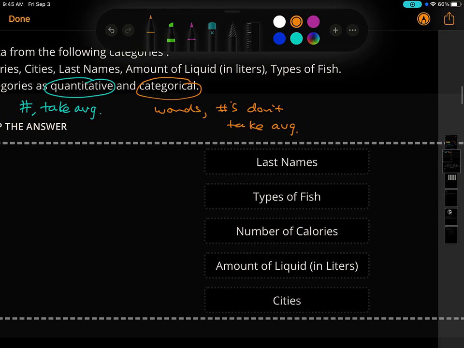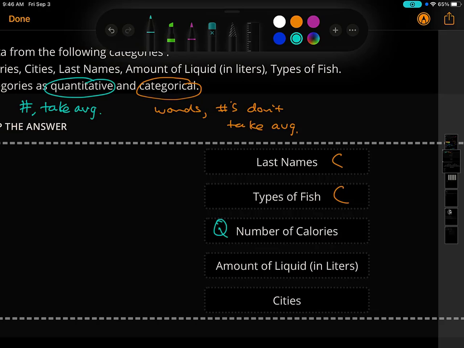Okay, last names, these are mostly words, so this would be categorical. Types of fish, I'm thinking of goldfish, betta fish. They're just names and words, so it is categorical. Okay, calories. Today I probably burned 1 calorie walking from the parking lot, so that would be quantitative, because I can say, 2 days ago I was late, and so I had to walk from the far parking lot, and I burned 10 calories.